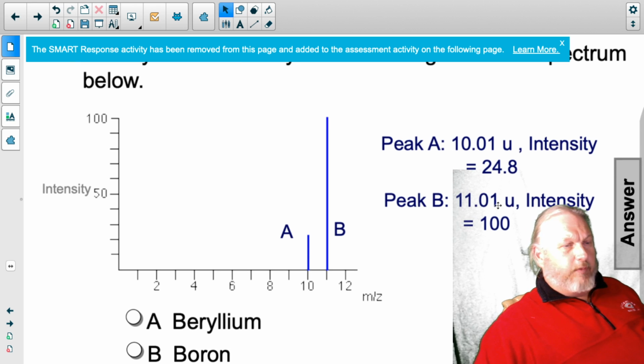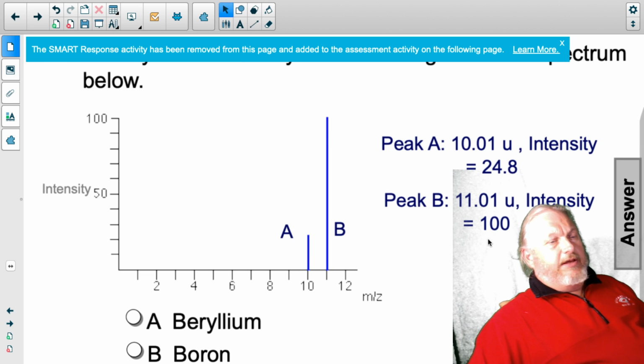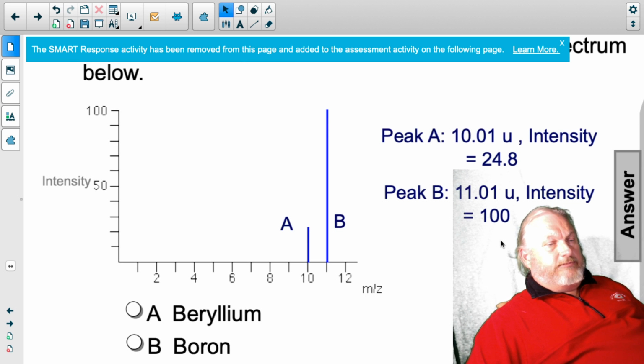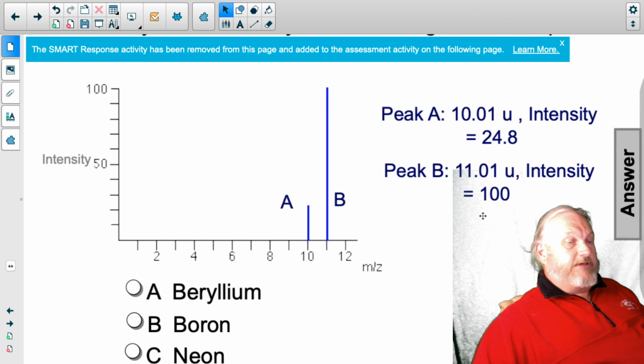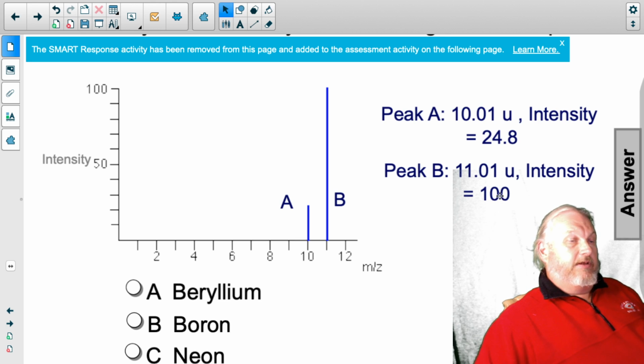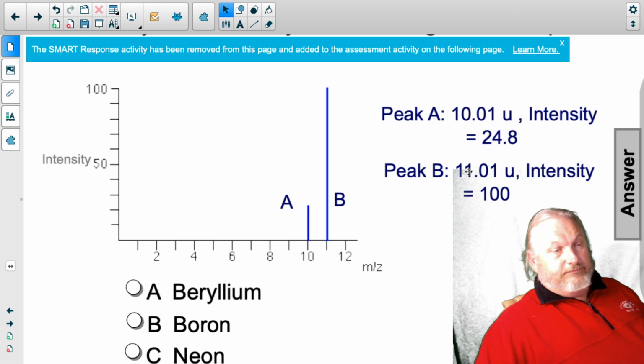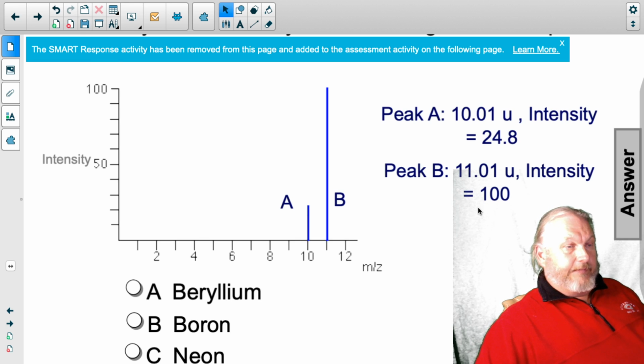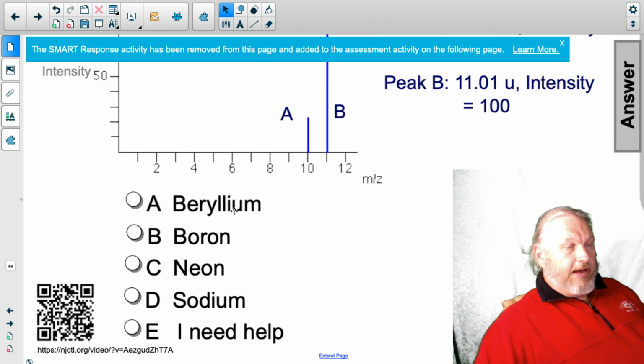Peak B is 11.01 AMU with an intensity of 100. If we add 100 to 24.8, we get 124.8. Like we did before, take 100 and divide it by 124.8, and that gets us the percentage of 11.01.